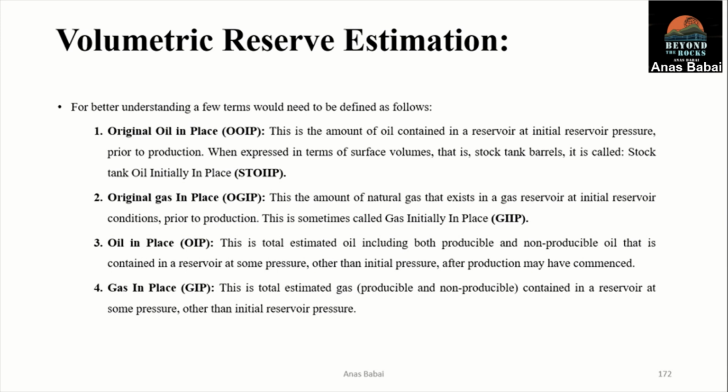So if, for example, we have a set of data at different stages within the reservoir history, and we want to estimate the original oil in place, or the stock tank oil initially in place, we will simply go for those which are related to the highest pressure value.